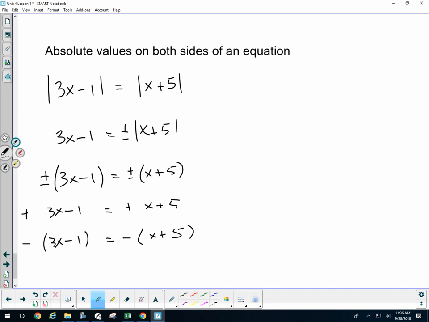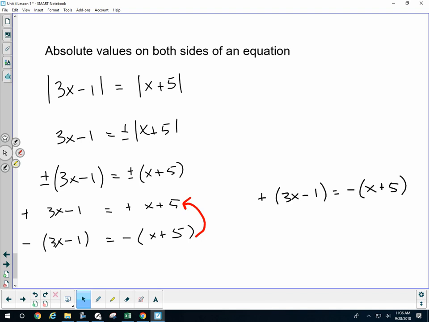Wait, hold on a second. Plus, plus, minus, minus. Couldn't I just divide both sides of this equation by -1? And if I divided both sides of this equation by -1, since this is in parentheses, what happens? This is the same as that guy. Oh, so I actually have two of my situations that are the same. And then I also have a plus and a minus, and a minus and a plus.